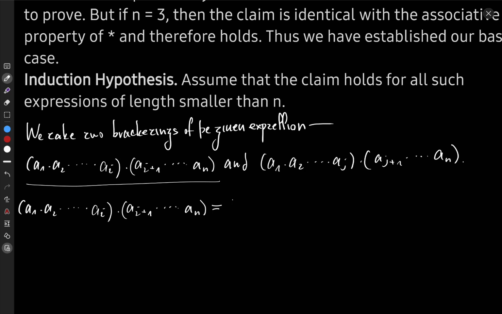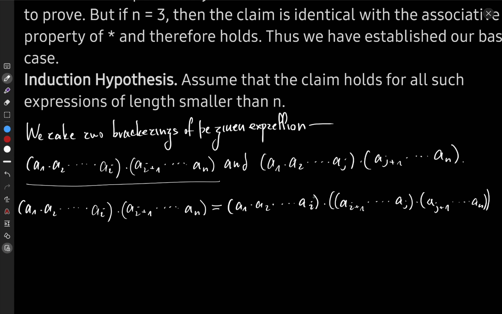So we copy the first bracket, A1, A2, up to AI, and then we break up the second one, so we have AI plus 1 up to AJ dot, then AJ plus 1 up to AN.